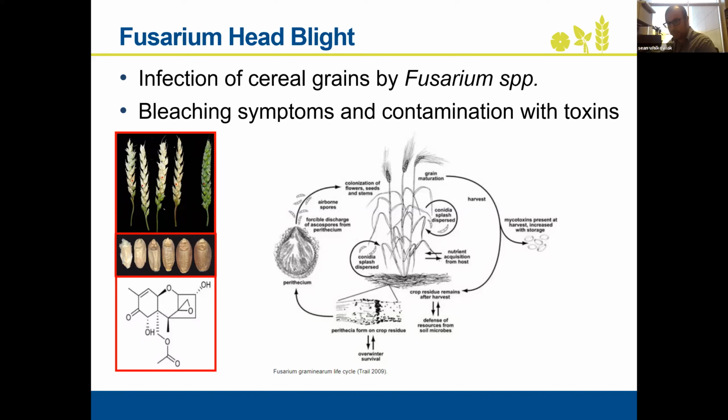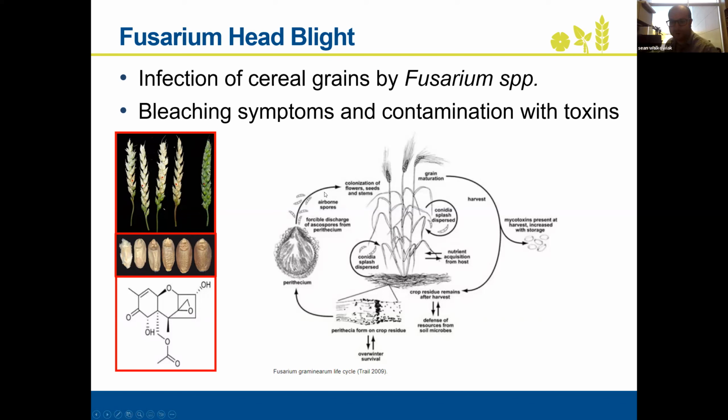And then the sexual spores will land on the plant, initiate infection, start colonizing the grain, and then start to colonize the tissues and produce asexual spores that can infect neighboring plants and spread throughout a field.